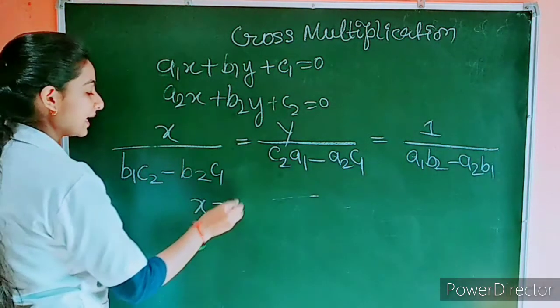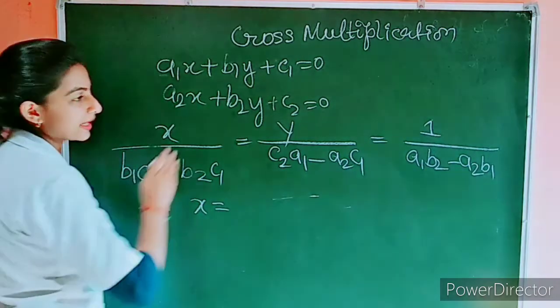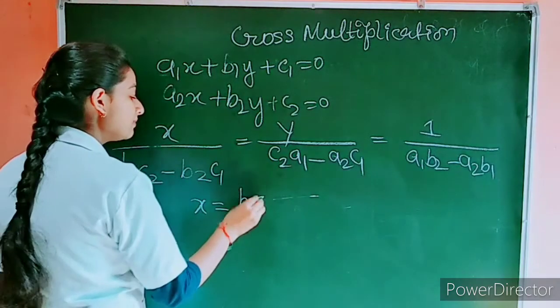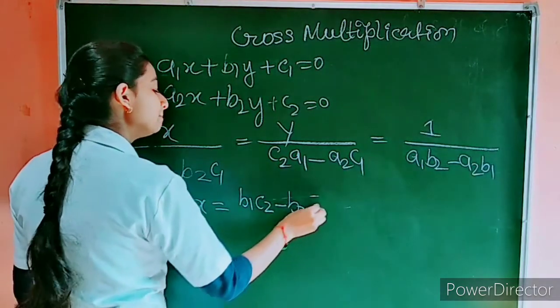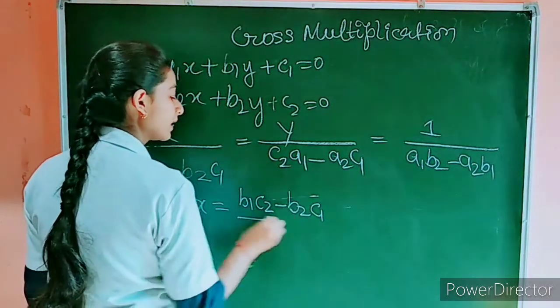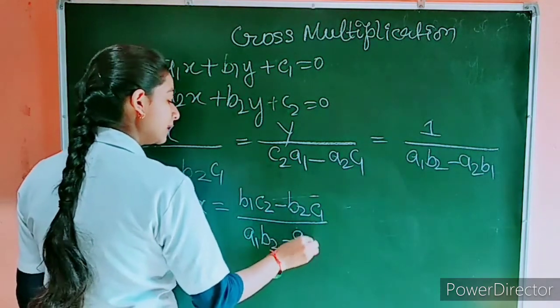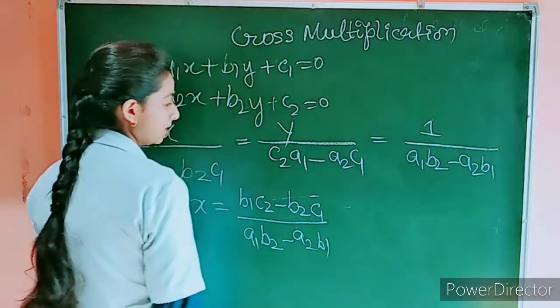Now with these values, if we want to find the value of x, we can directly take x and the constant term. By cross multiplication, we have x equals b1c2 minus b2c1 upon a1b2 minus a2b1.